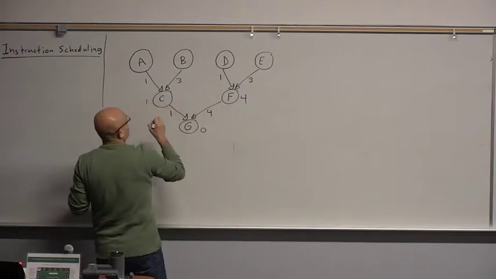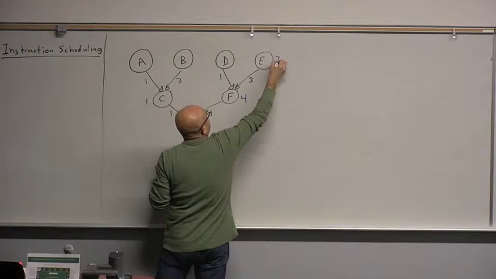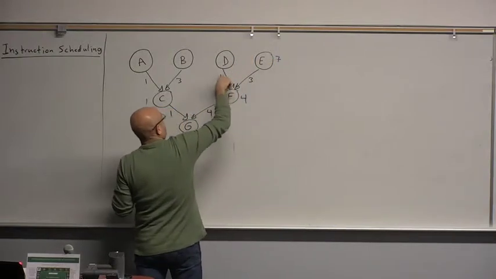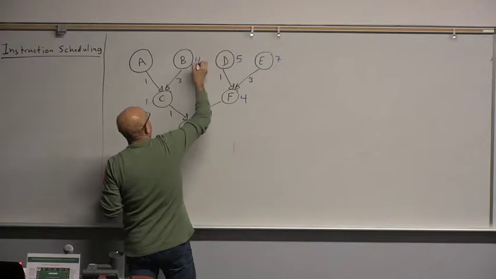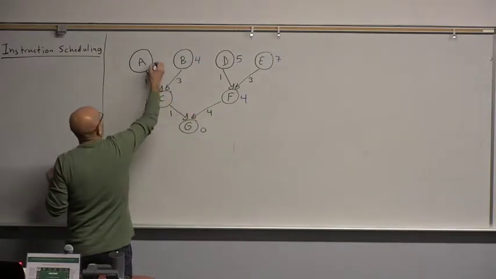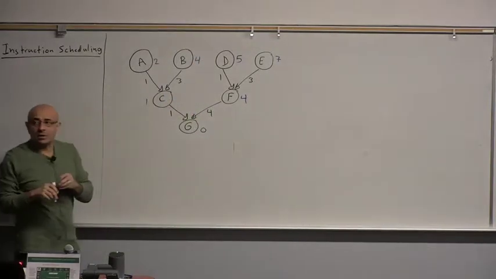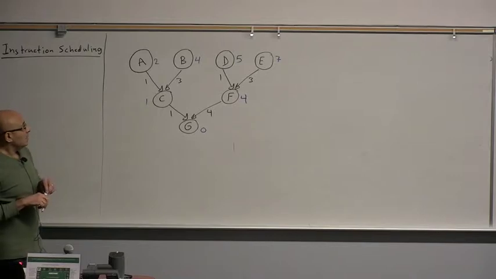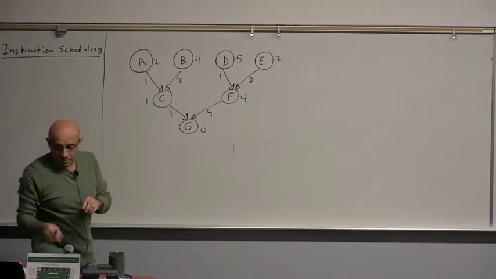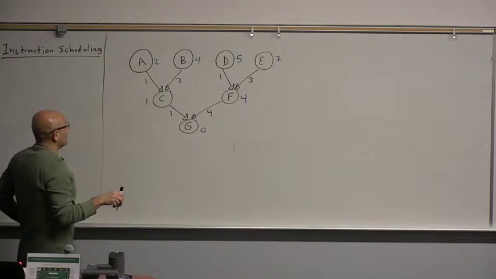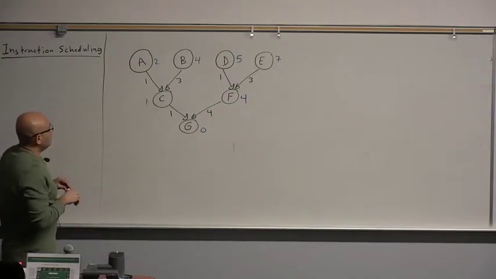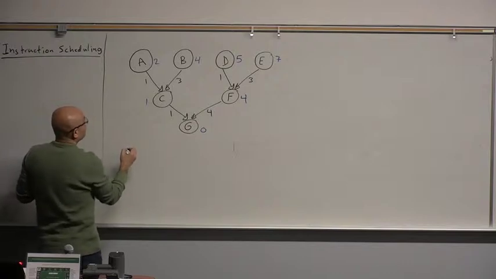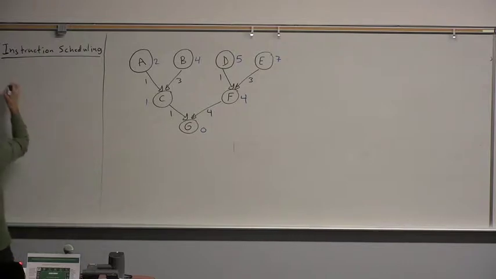For this it's 1, 7, and this is 5. This is 4, and this is 2. Okay? And with the critical path distance, we computed a schedule. So let's put the schedule here.